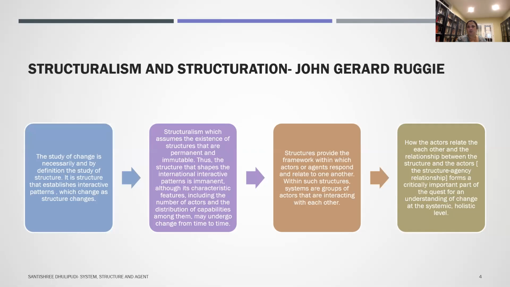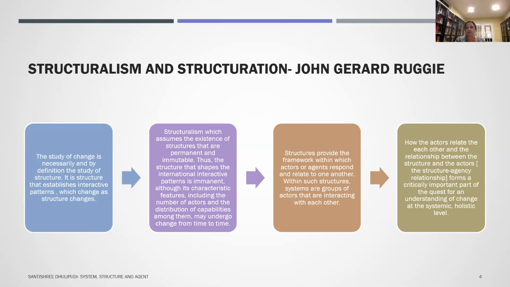Structuralism assumes the existence of structures that are permanent and immutable. Thus, the structure that shapes the international interactive patterns is immanent, although its characteristic features, including the number of actors and the distribution of capabilities, change from time to time.